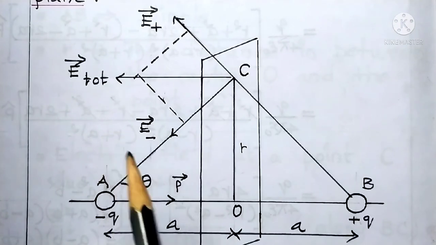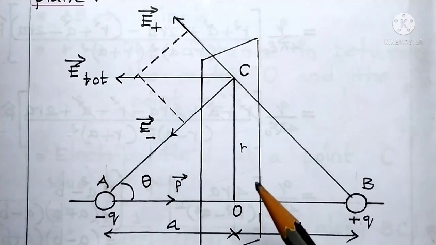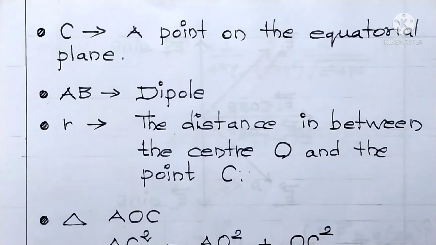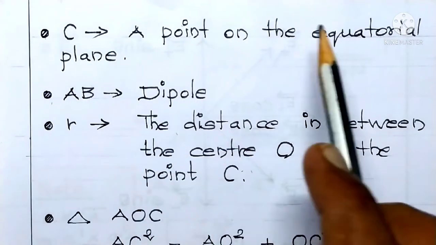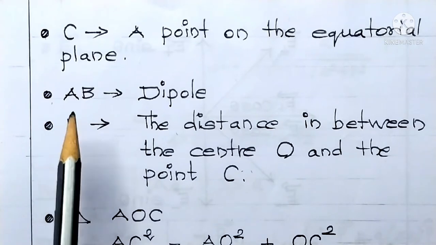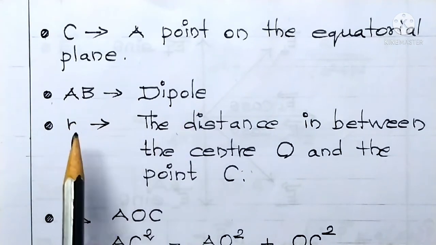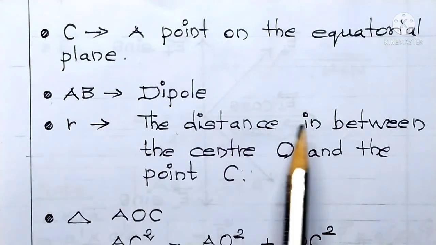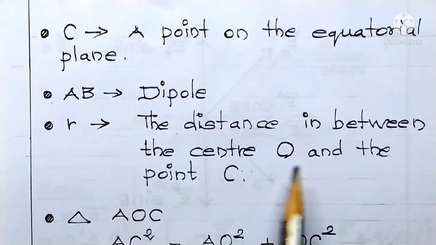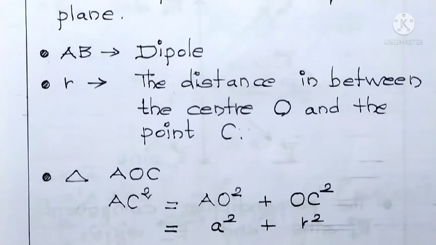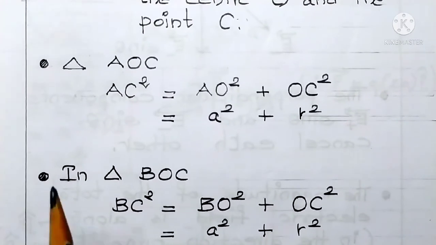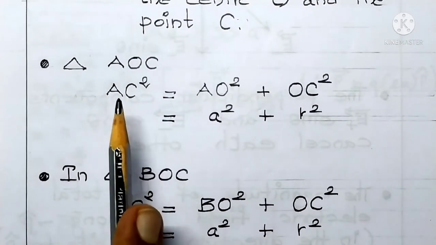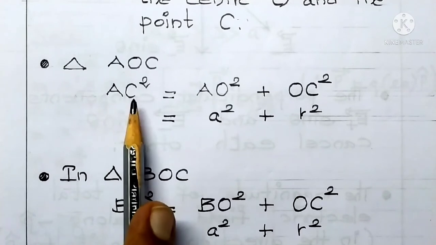Now, let us have a brief description about this diagram. C is a point on the equatorial plane and AB is the dipole. r is the distance between the center O and the point C. In the triangle AOC, AC represents the hypotenuse.